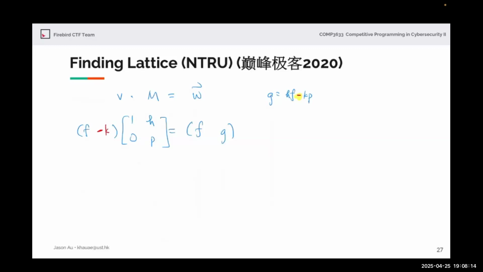This is M, or we can call it the lattice. This lattice contains 2 vectors.